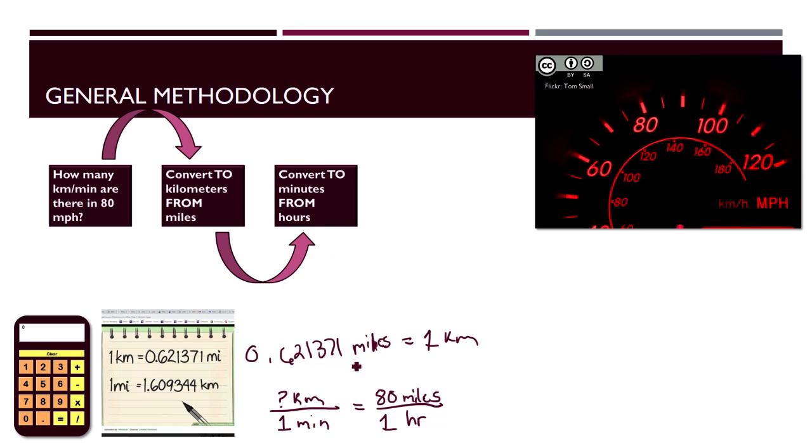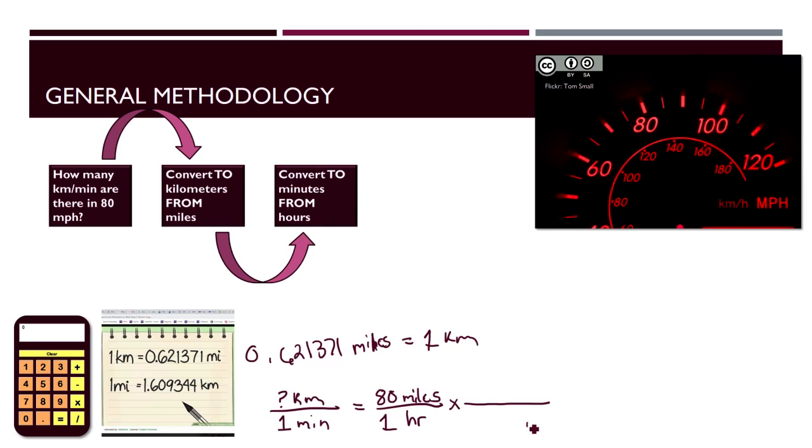Well, I'm doing the same thing, but now I'm writing a fraction. So, okay, let's start by converting from miles to kilometers. In this first step, I have miles in the numerator. So that means if I multiply by a fraction, I'm going to want to make sure that miles ends up in the denominator so that those 2 units will cancel.